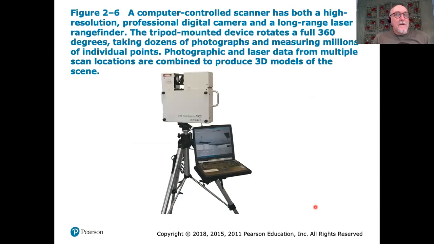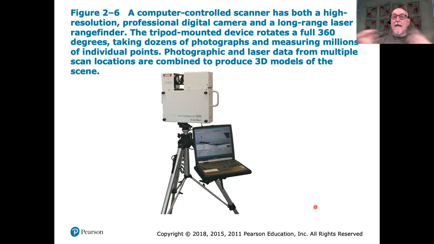Here's another thing. This is by no means present in all laboratories or precincts, but here is a very, very useful piece of equipment. This is a computer-controlled scanner, and it has a very high resolution camera, and it combines it with a laser rangefinder, which gives very, very accurate distances.